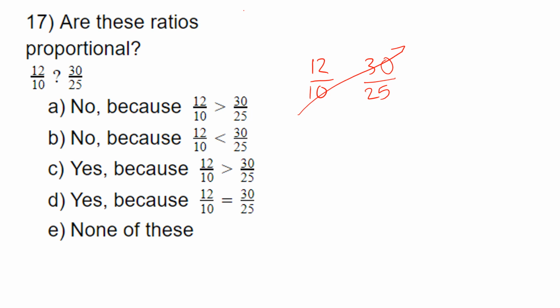That's a pretty common way to do it. 10 times 30, that's 1 times 3, which is 3 with 2 zeros, so 300. Then 12 times 25, that's also 300. You can multiply it out, you'll get the same thing. So yes, they are proportional, because the two fractions are equal.